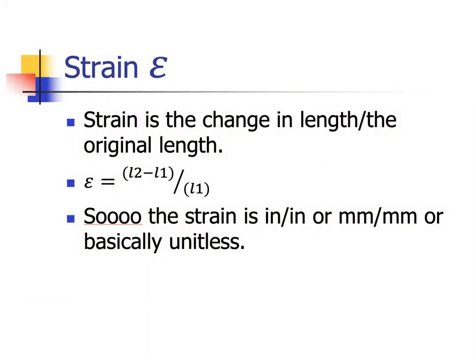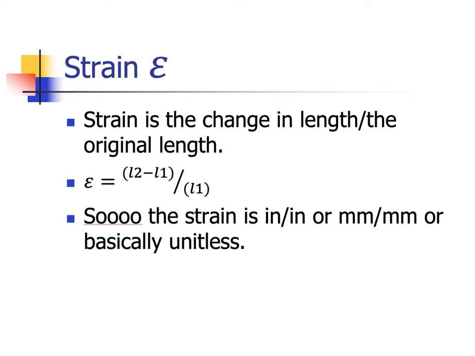What that means is, if it's 12 inches long and it elongates some distance, if it was 1 inch long, it would elongate proportionally less. So the equation is the final length minus the original length, over the original length, is strain.